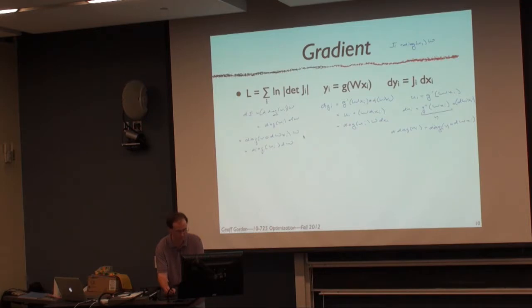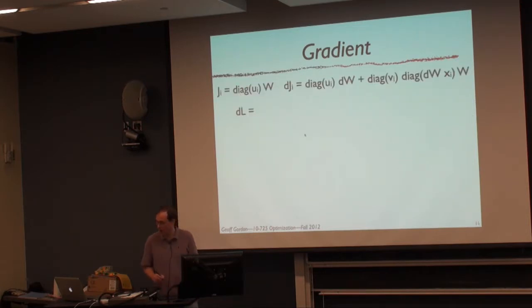Okay, so now dL. If L is the thing we're trying to minimize, dL is then the sum over training examples i of the differential of the log absolute value of the determinant of J_i.